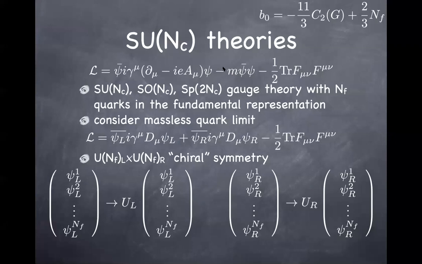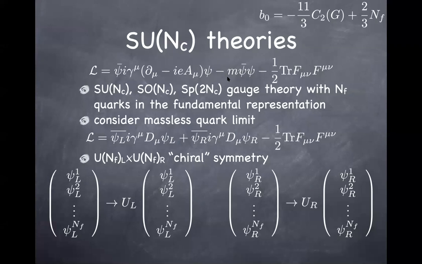Also, if this mass is very large compared to the energy scale where the theory becomes strongly coupled, then you can integrate those heavy particles out first. At the end of the day, you will be looking at a theory with only light particles. So without loss of generality, talking about the massless limit is a good thing to study anyway.